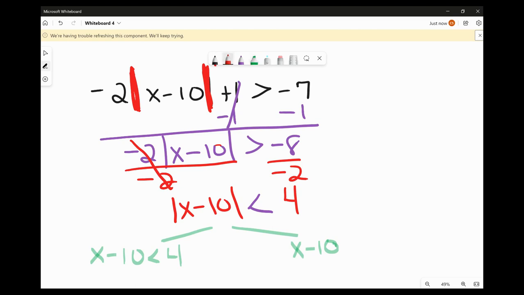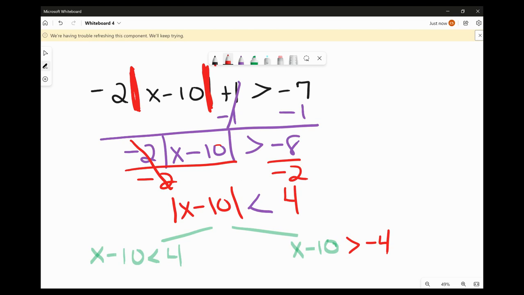But I am going to switch the inequality sign from a less than sign to a greater than sign. So over here we have a less than sign, and over here we'll have a greater than sign. And instead of being +4, we're going to make that -4.